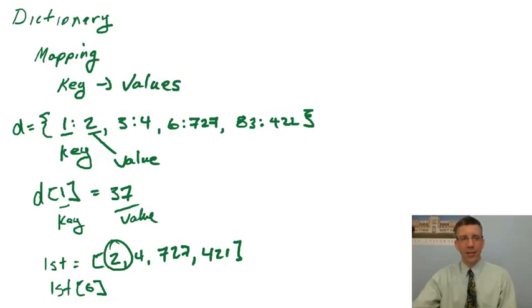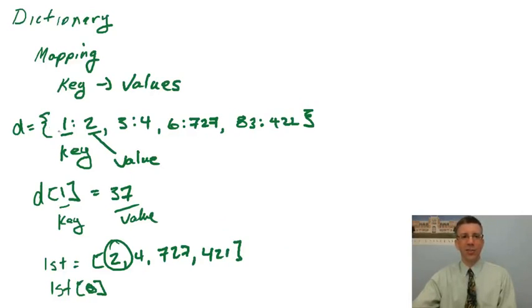Okay, the key here is 0. The key here was 1. Okay, what's the difference? In a list, the indices are fixed, right? The first element is 0, next one's 1, then 2, then 3. If I use append operations, I'll get 4, 5, and 6. So the keys are always numeric in a list, and they always go in order. So I can use the list index function basically to get back the key, right?